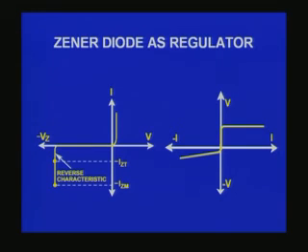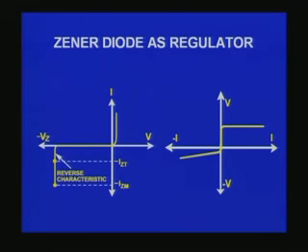Then what about the maximum current? The maximum current will be dictated by the power rating of the Zener that you use. You can buy Zener diodes with different power ratings, such as 600 milliwatt, 500 milliwatt or 1 watt.